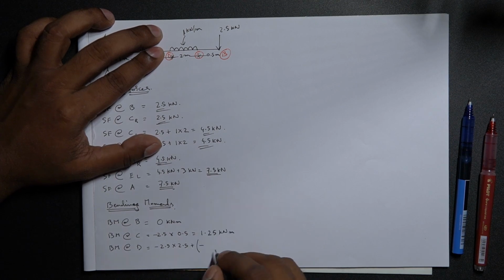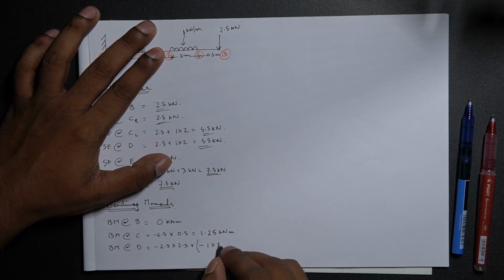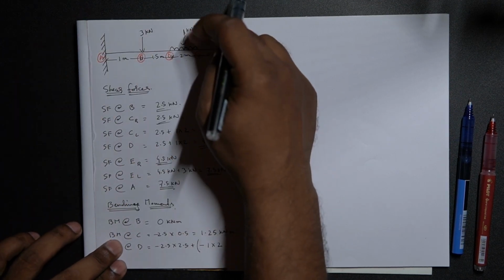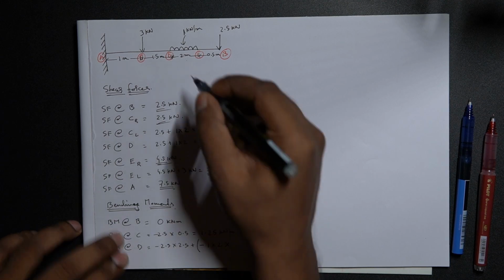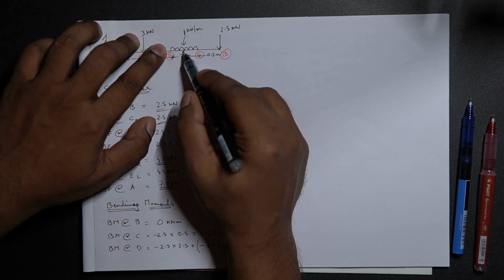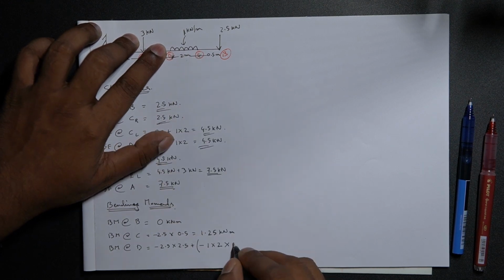So that is 1 into the length 2 meter, into half of 2, which is exactly 1 meter, so this would be 2 by 2.